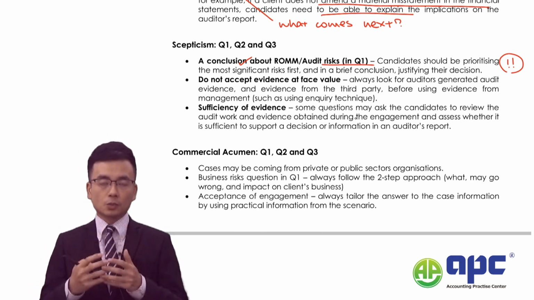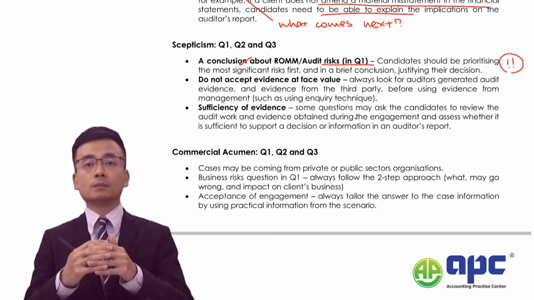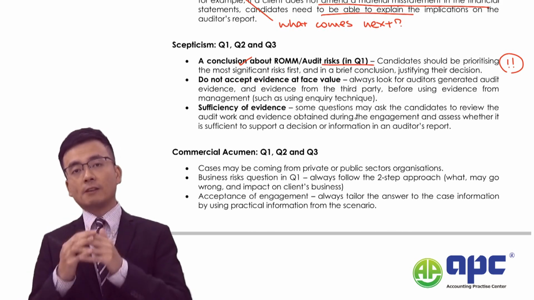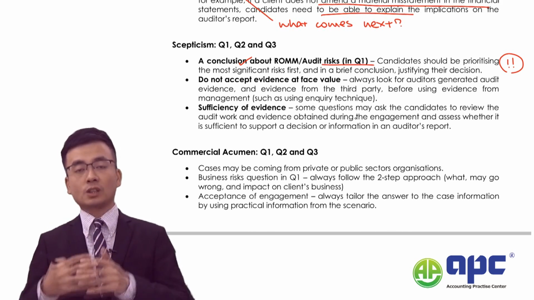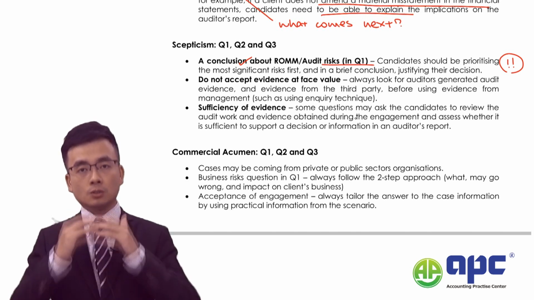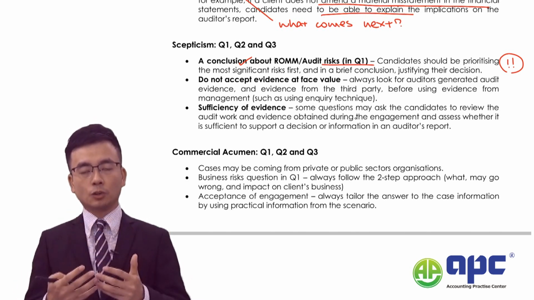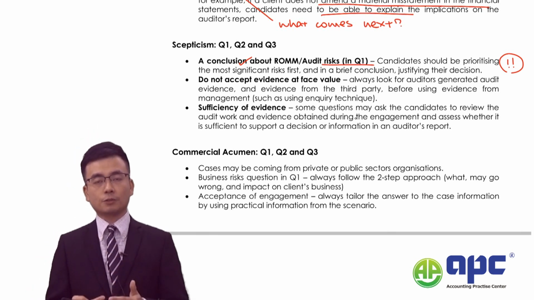So in question 1, they will always give the risks of material misstatement or the audit risk question, and at the bottom of your answer, at the bottom of your report, you need to have a title called conclusion.